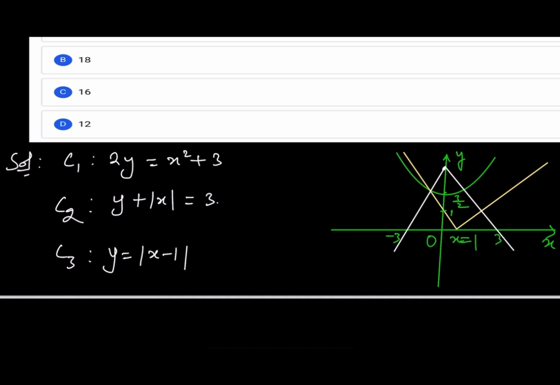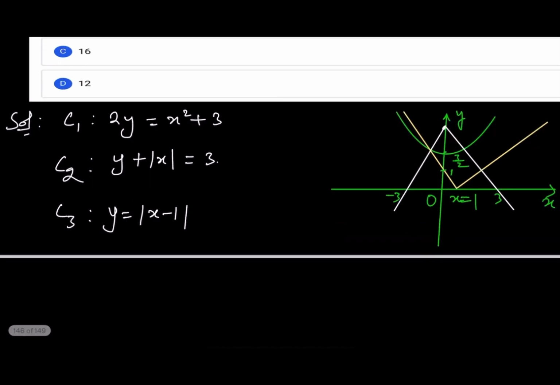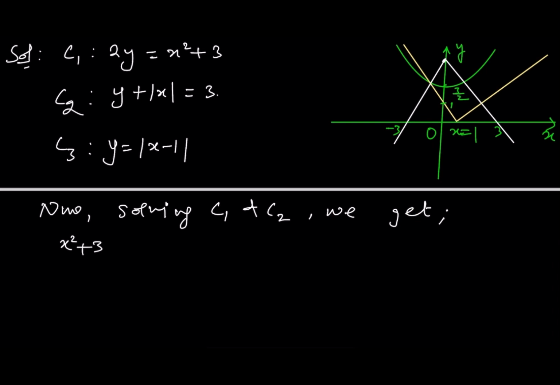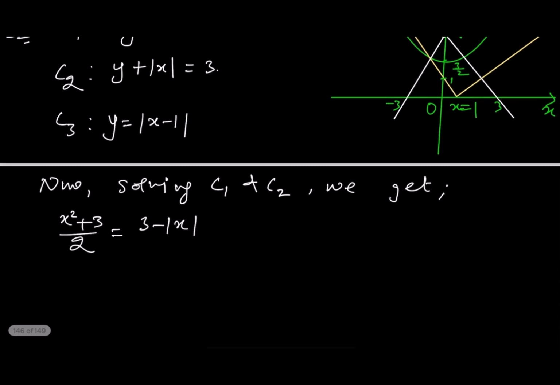Now we need to find their points of intersection so that we can find the area under these curves. Solving C1 and C2, we get x square plus 3 by 2 is equal to 3 minus mod x. If we are interested in the left part of these curves, we put x less than 0.